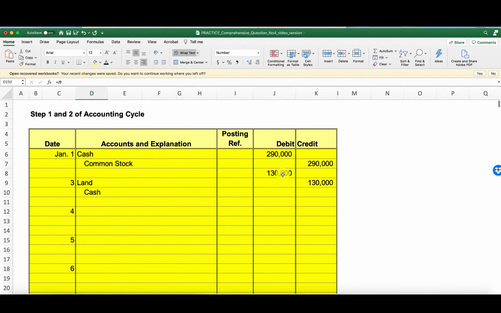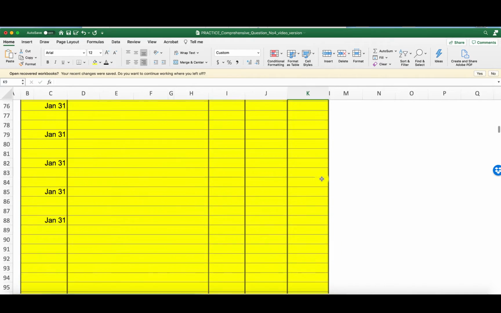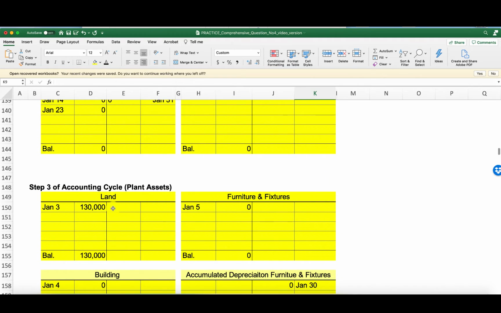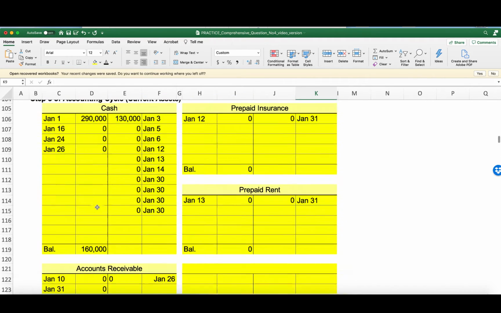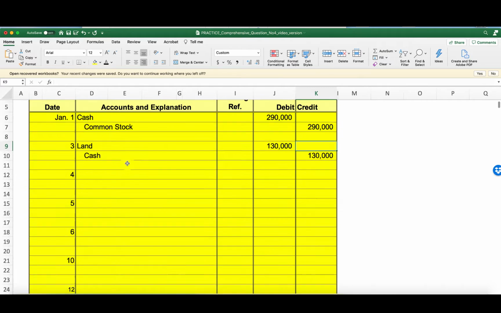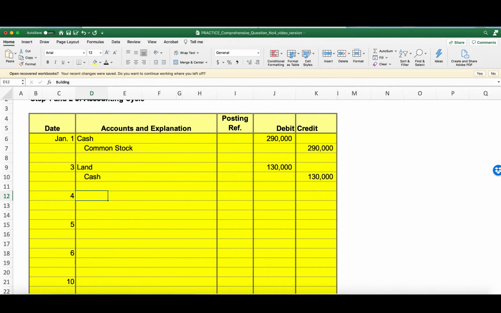Oh, I put it in the wrong place. So 130,000 and 130,000. Okay, there we go. And so I go and look for the land account, and land has 130,000. Okay, and I go for my cash account. Here's my credit for 130,000. All right, let's look at the next one.